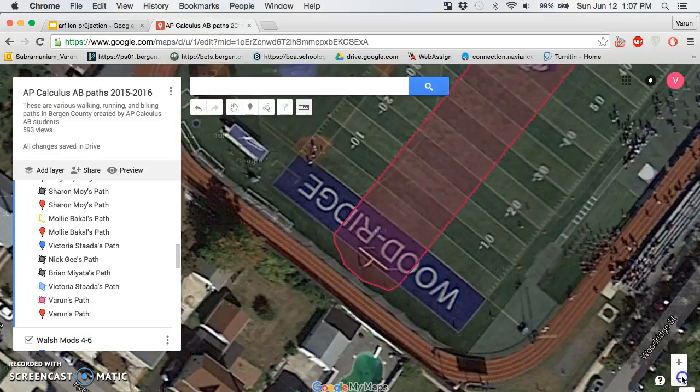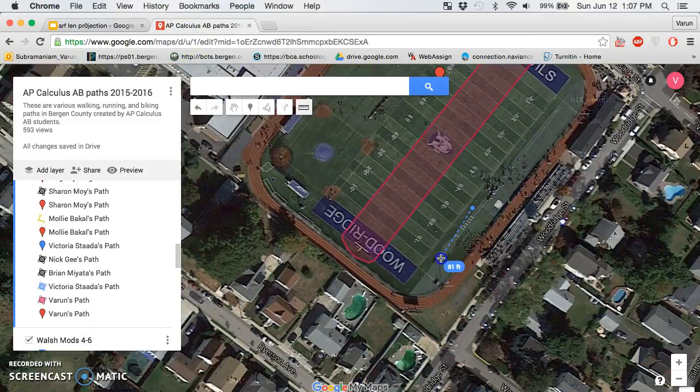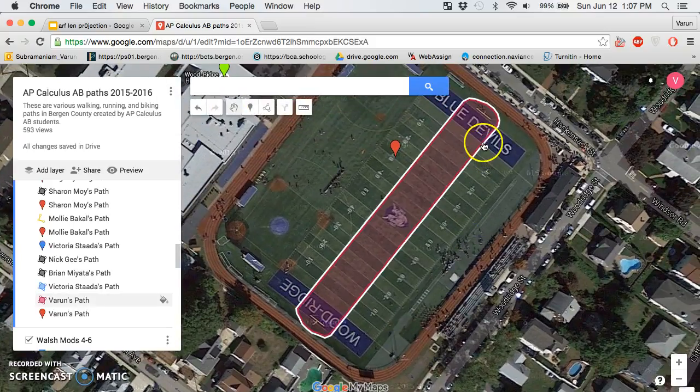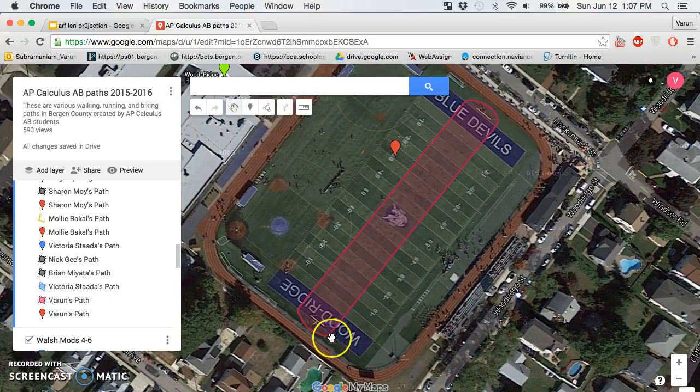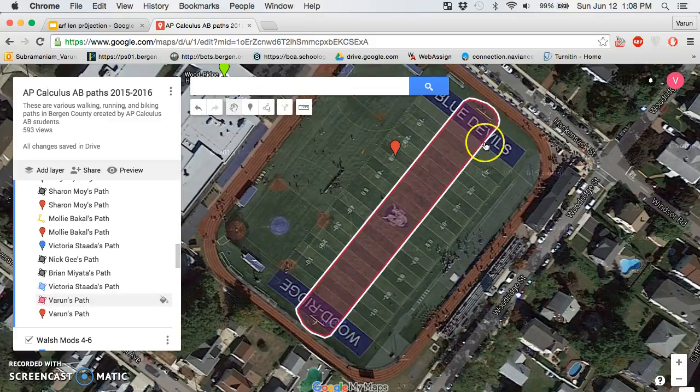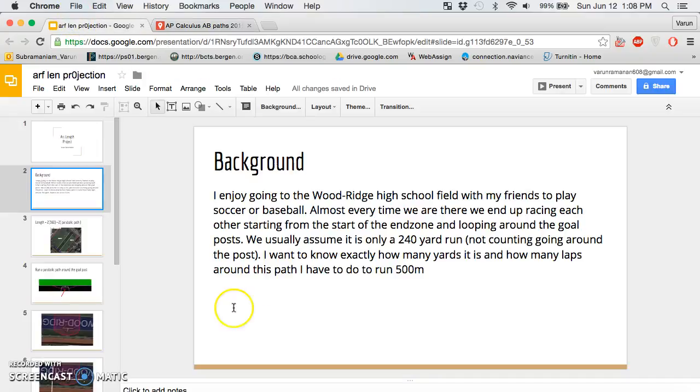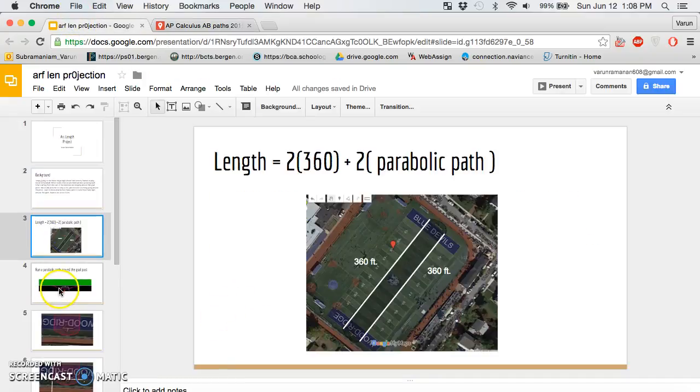So this is the path right here. As you can see, we start right about there, go down a straight path, loop around the goal, again a straight path, and come back to the start. So in order to find the length of this, these two sides right here are 360 feet.